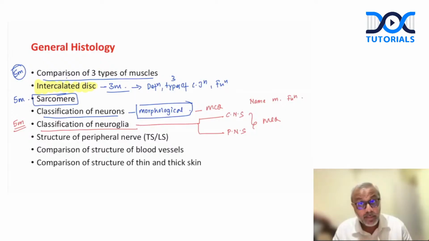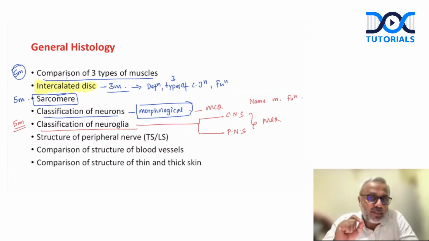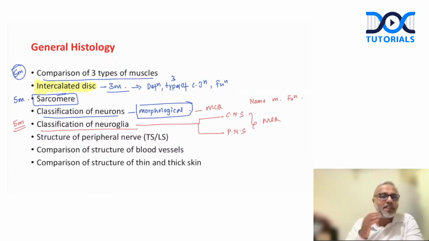What is the embryological source of microglia? What is the embryological source of rest of the neuroglial cells? These are the sort of MCQs that you can expect. Are we clear? Right? So this is regarding classification of neuroglia. This is an important 5-marker and a very important histology MCQ.